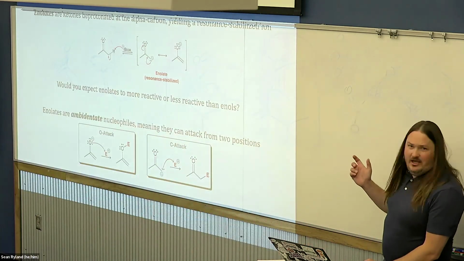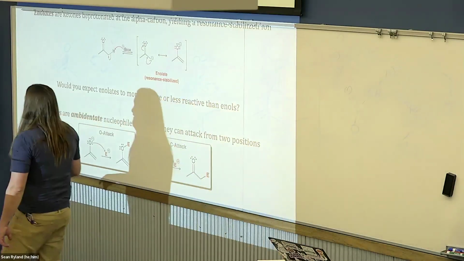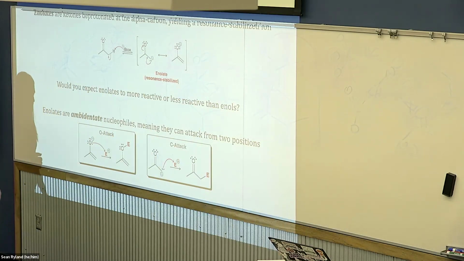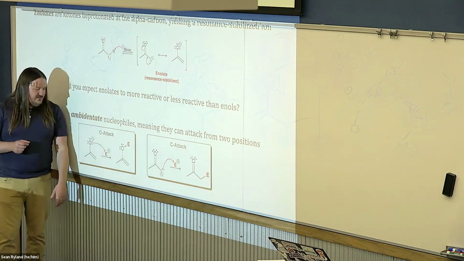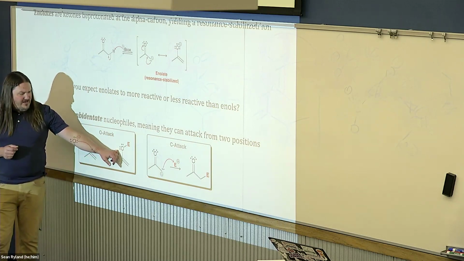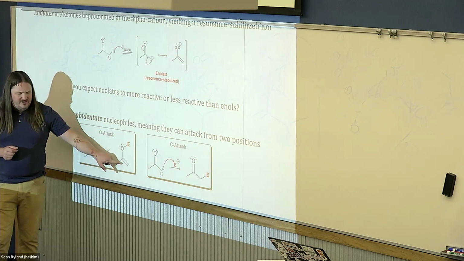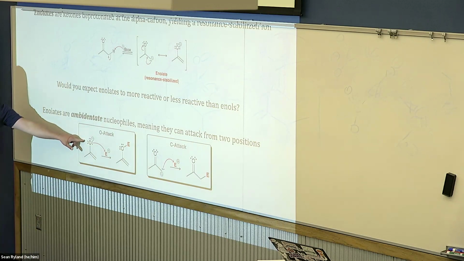And this is sort of a tricky one to predict what's going to be favored. It's definitely a case of kinetic versus thermodynamic products. Once we attach our oxygen to the electrophile and we still have this alkene group here, the oxygen is the major resonance contributor.